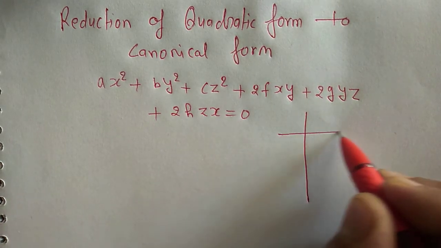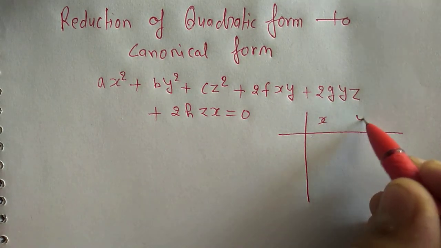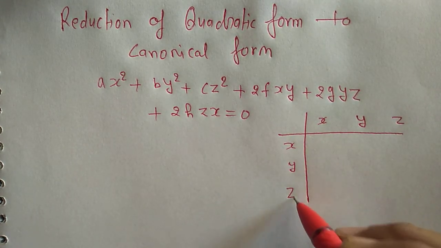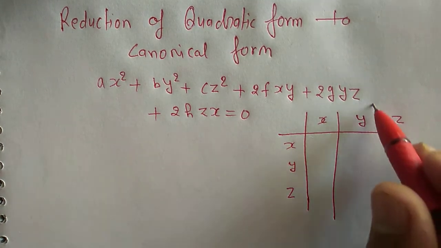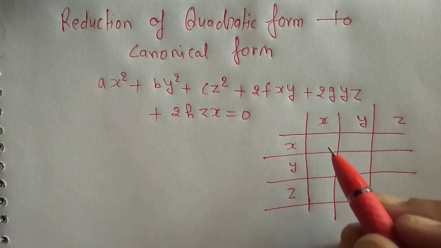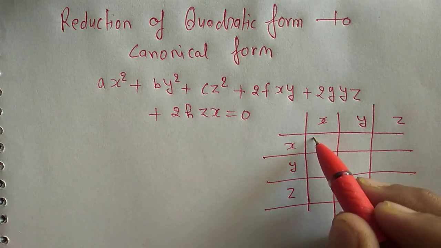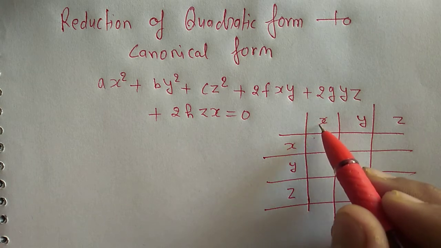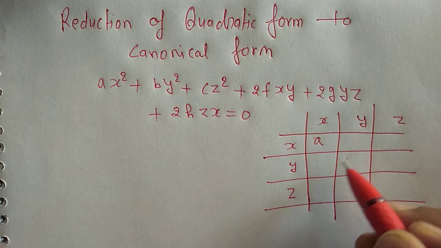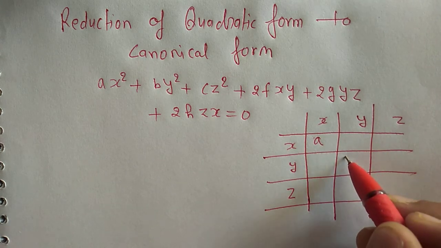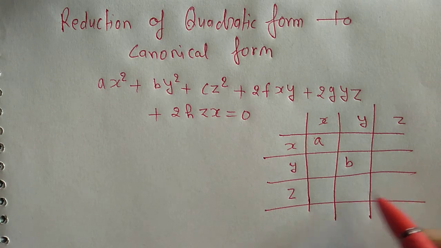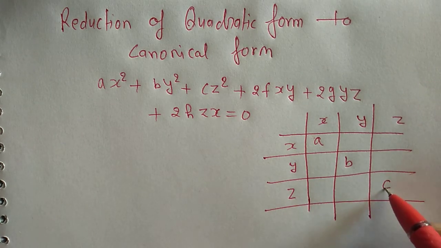First the coefficient matrix. So I can have here x, y, z and x, y, z. This first entry will be the coefficient of x into x, so I can write here a, and this will be the coefficient of y into y, so this will be b, and this will be the coefficient of z square, so that will be c.